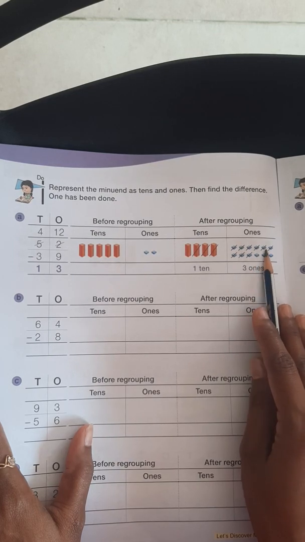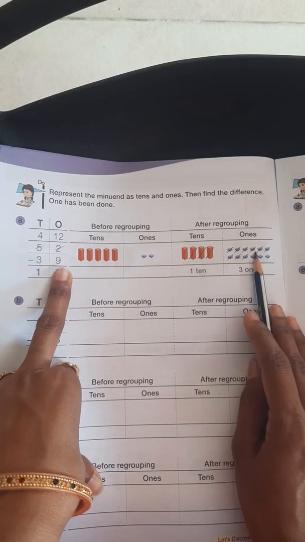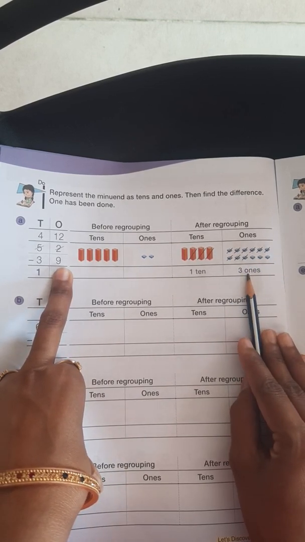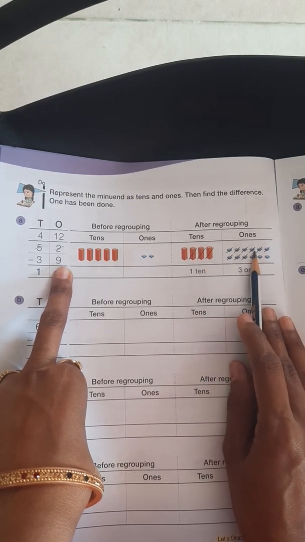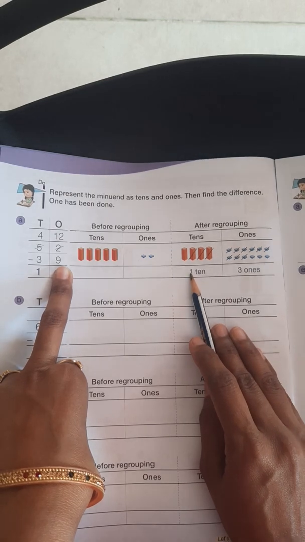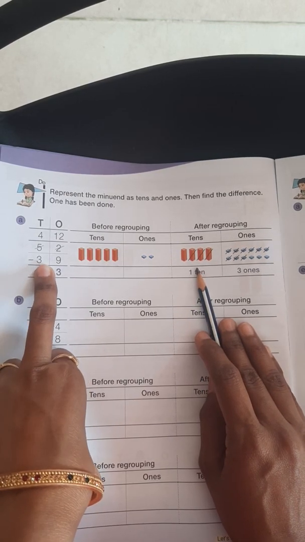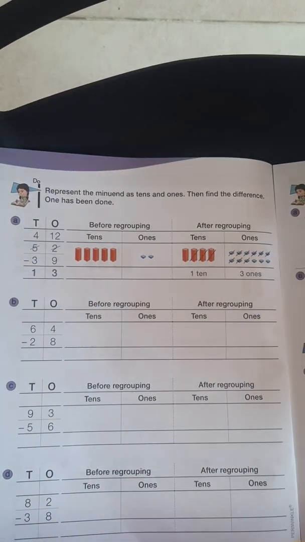From 12 ones you will subtract 9. Then 3 ones will remain. And since you gave 1 ten to the ones, 4 tens remain, and from 4 tens you are going to subtract 3 tens, so only 1 ten will remain.